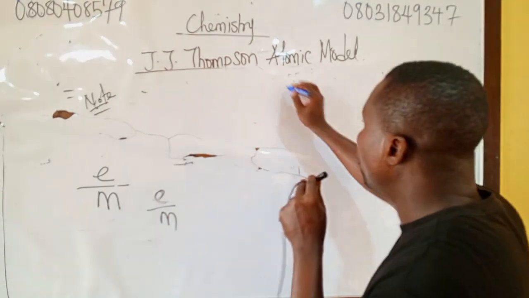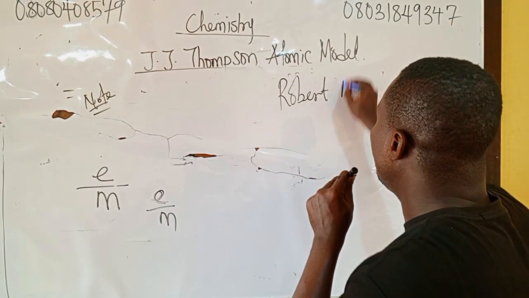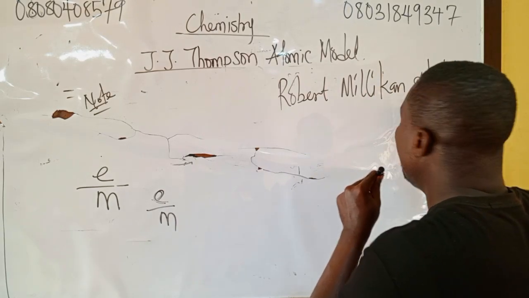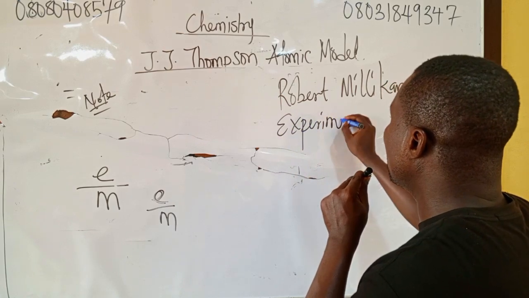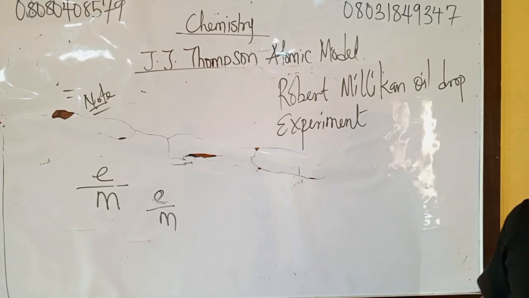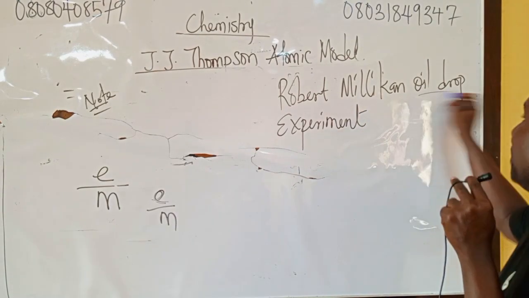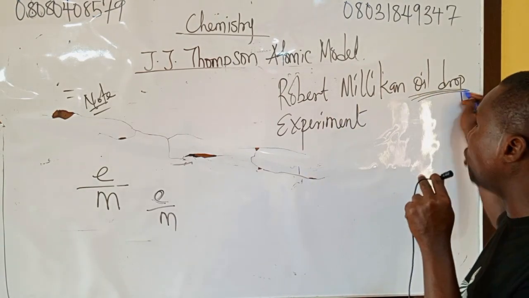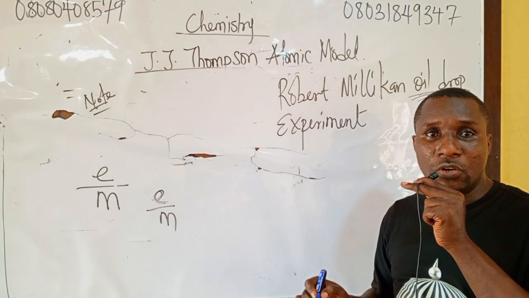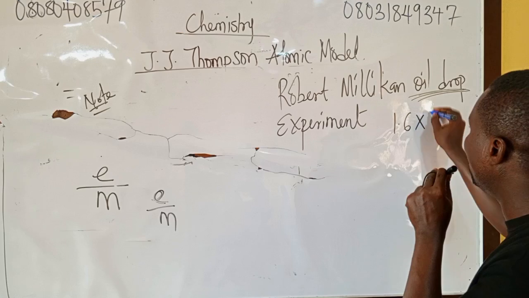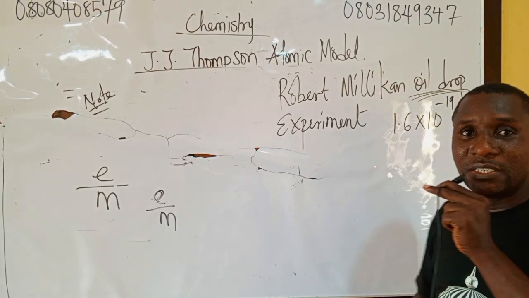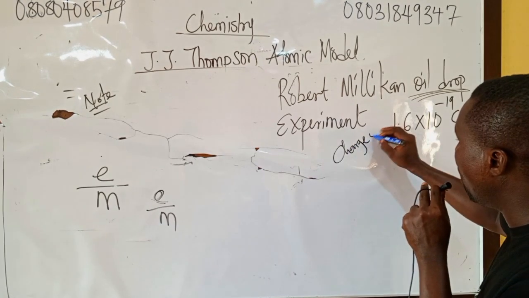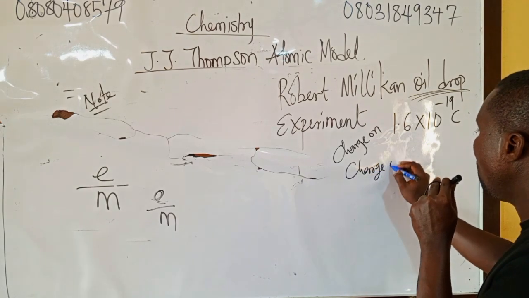Millikan discovered the charge on the electron using the oil drop experiment, which is 1.6 times 10 raised to power minus 19 coulomb. That is the charge on the electron.